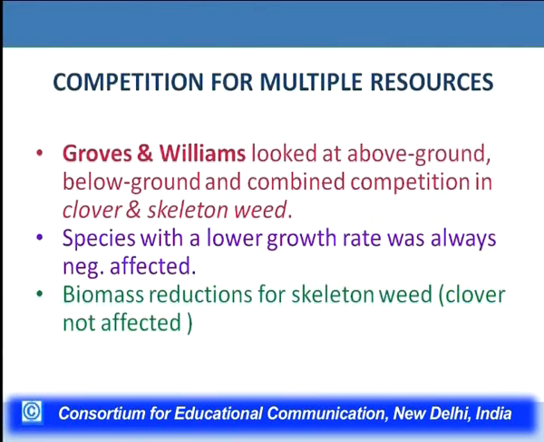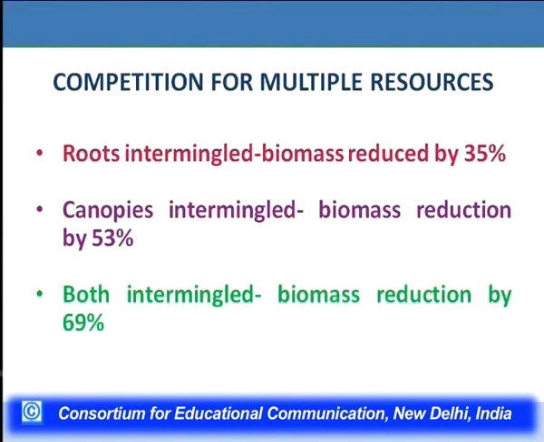Another experiment was conducted by Groves and Williams, which involved skeleton weed and clover weed, wherein they were grown separately or together. It was found that when both species were grown together and their roots were intermingled, the biomass of skeleton weed reduced by 35%.